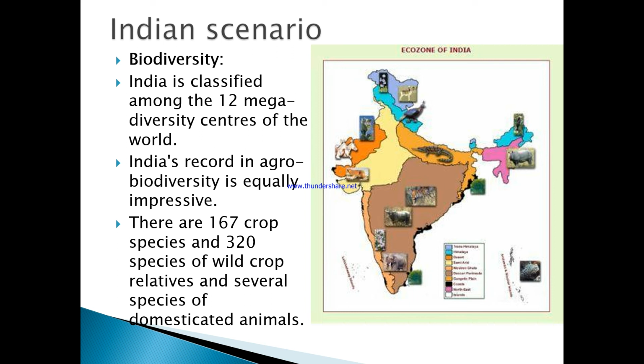agro-biodiversity is equally impressive. There are 167 crop species and 320 species of wild crops, relatives, and several species of domesticated animals. Now you can see so many species which are found all around the world.